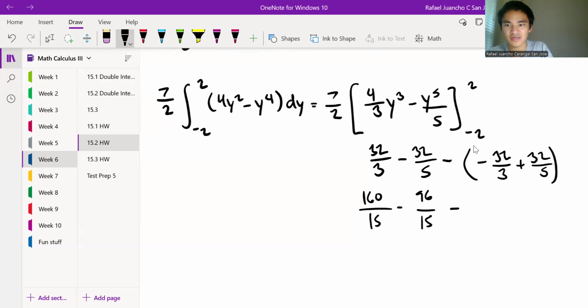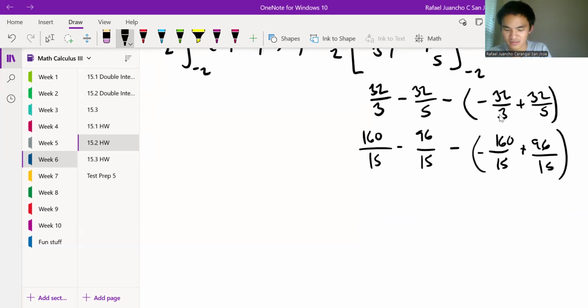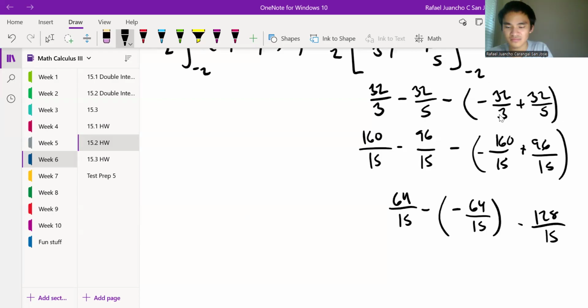So this, okay, minus, this one is again 15, 160 plus 96, 15, and then I get 64 minus this value, minus 64. So I get 64, 128 over 15, right? No way did I mess it up again. What am I doing now?